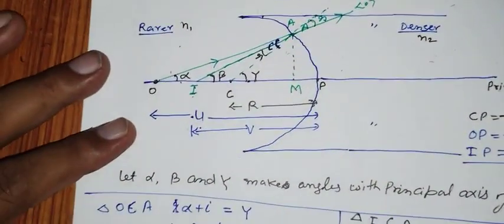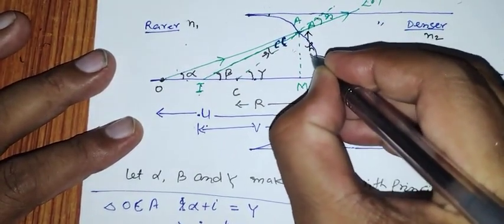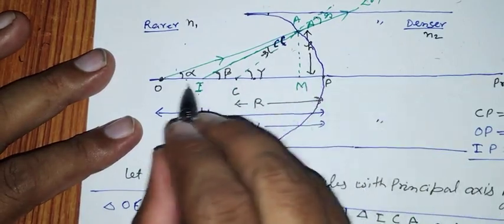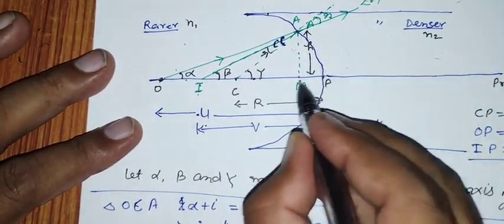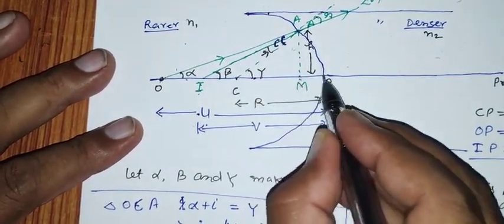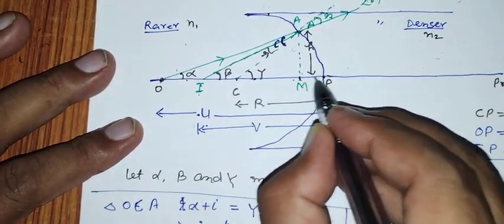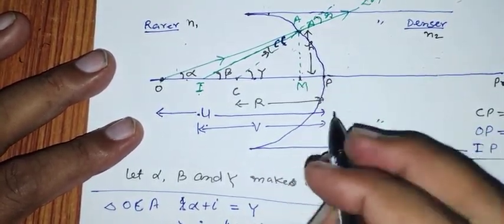Again see in the diagram, AM we take as H. Take M and P as a common point, because this distance is very short, so both points are very close to each other. So we will take M and P as a single point.